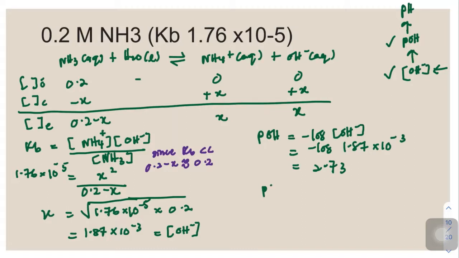We want to calculate the pH. So pH is equal to pKw minus pOH, which is equal to 14 minus 2.73. Then we get the pH of 0.2 molar ammonia is equal to 11.3.